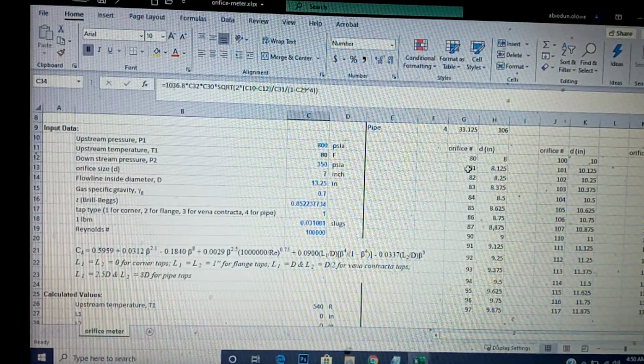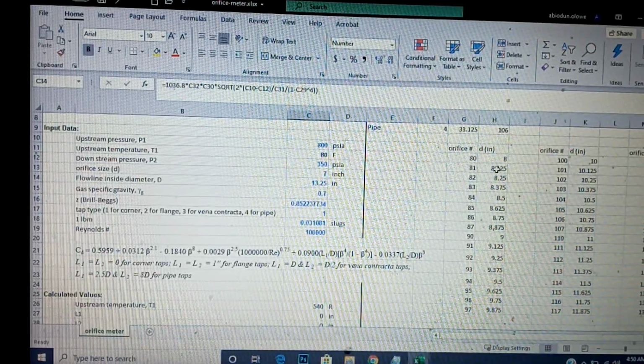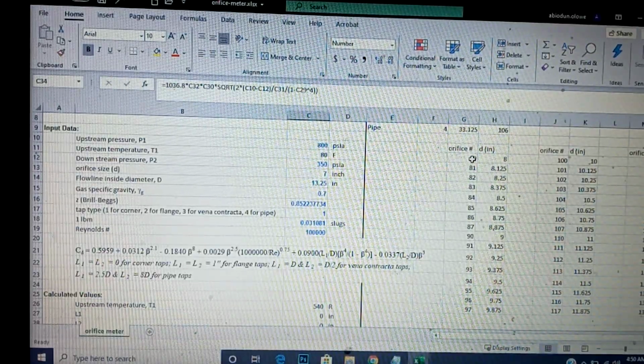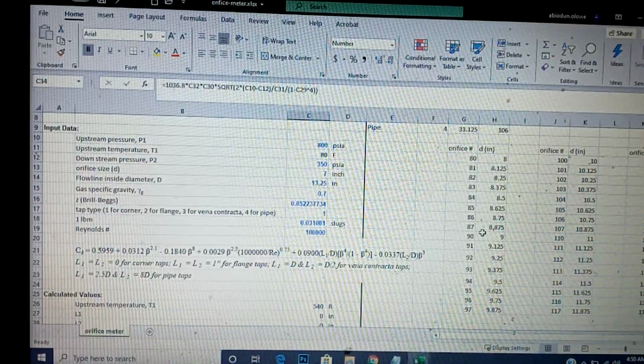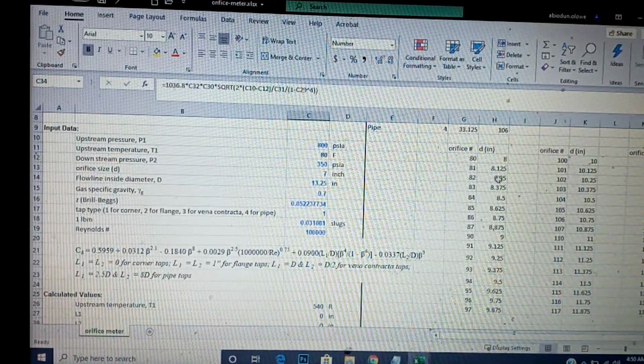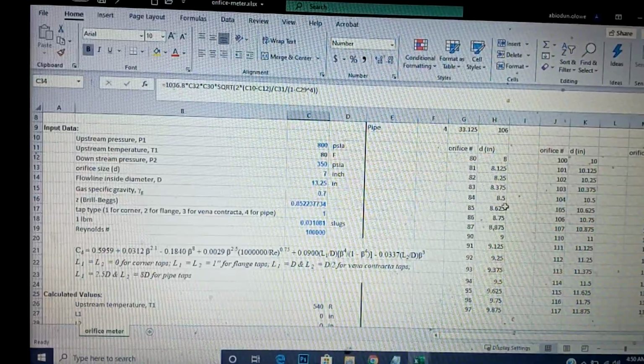Area 1 is 8 inches plus 1/8, which is 8.125. Area 2 is 8.25. What is 2/8? It's 1/4. And so on. For the 8 series, 0, 1, 2, 3, up to 7. 8, 7 should be 8 inches plus 7/8. So everything is like 0, 0.125, 0.25, 0.375, 0.5.